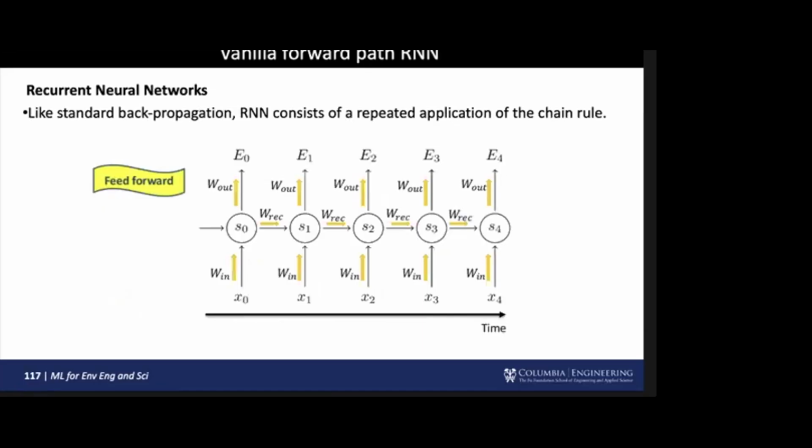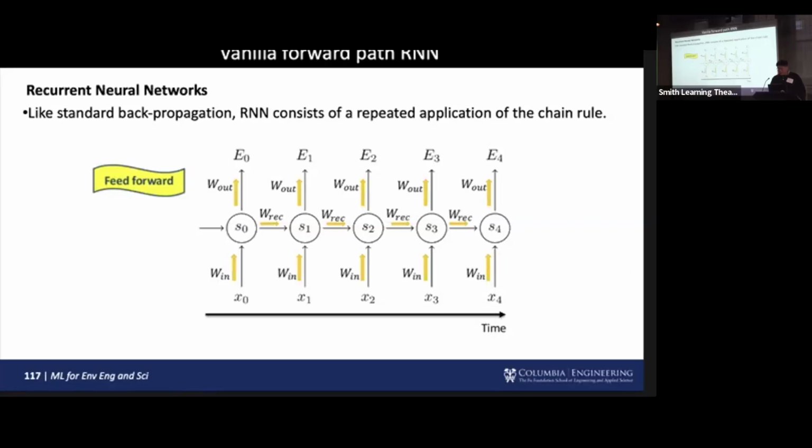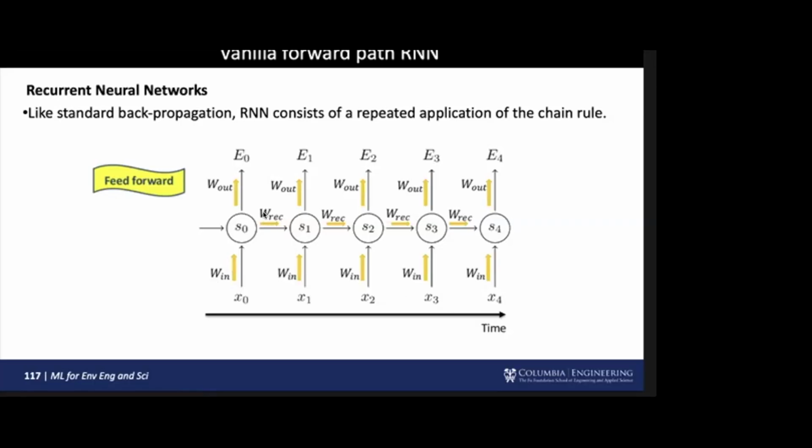So now let's look at the math behind how information moves forward in this chain. Just like a standard neural network, an RNN works by repeatedly applying the chain rule. As time moves from x0 to x4, the model uses 3 main types of weights. Here you have W in, the weight associated with the input data, and W rec, the recurrent weights, which carry the hidden state S, the information, to the next step.